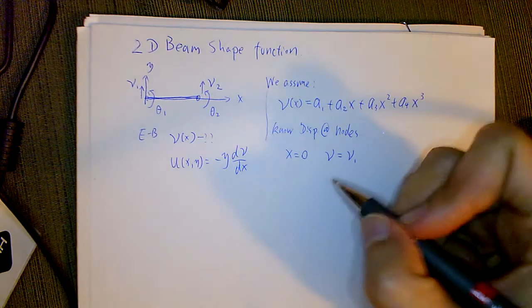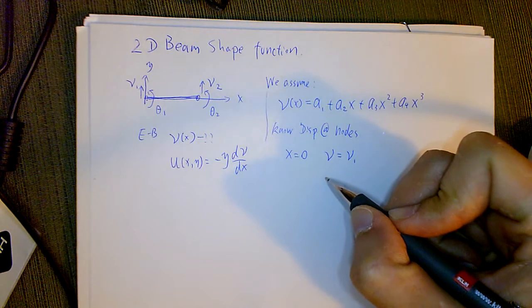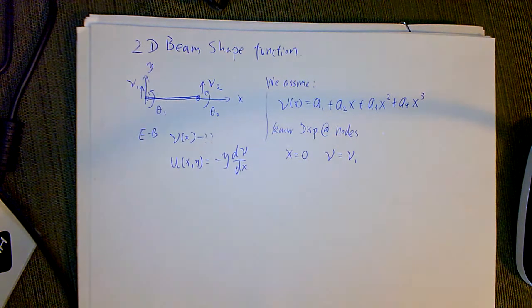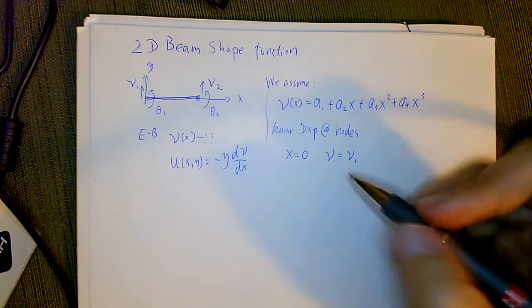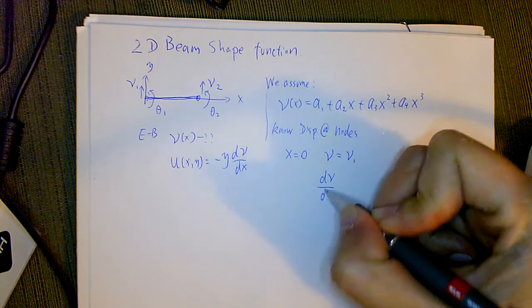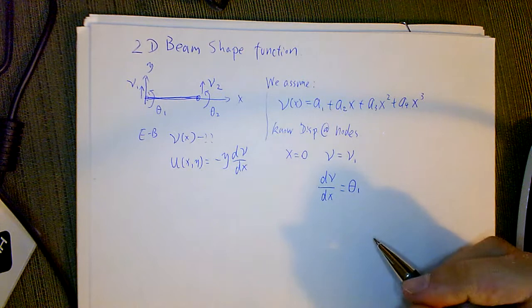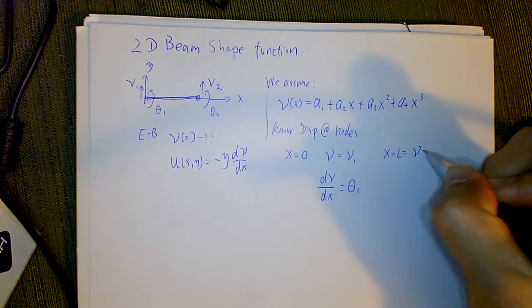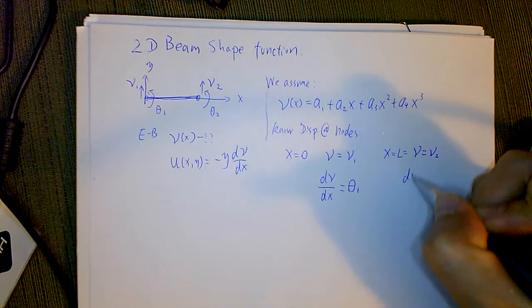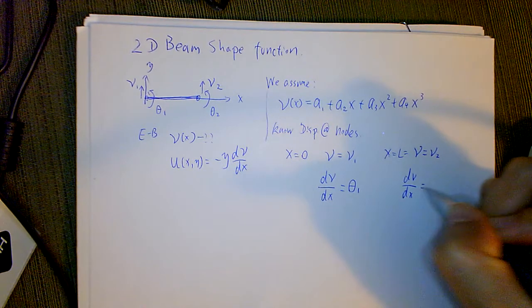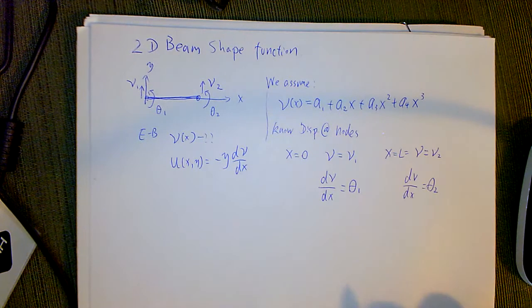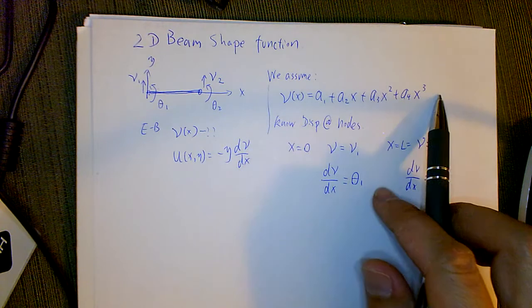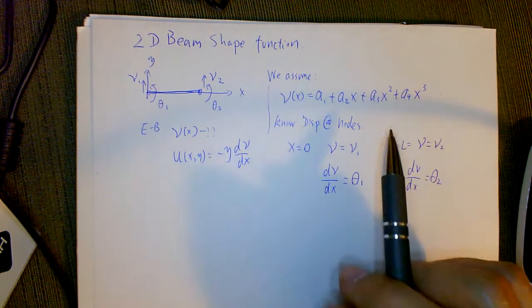Also the rotation here should be theta 1, so dv/dx equals theta 1. Then at x equals L, V is V2, and dv/dx equals theta 2. So there are 4 conditions and 4 unknowns, and we are able to solve for those.